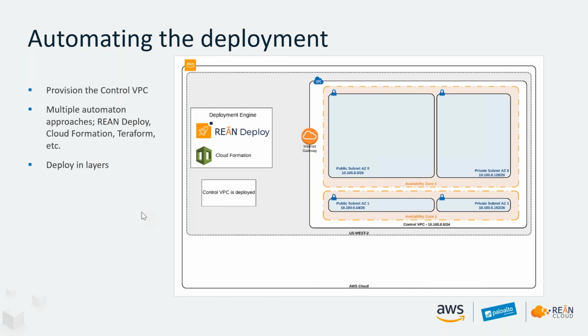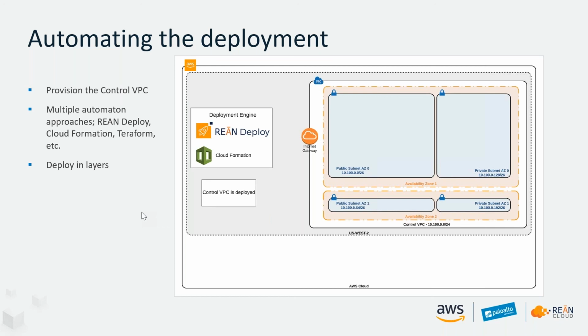Now, we could have used CloudFormation or Terraform, but we're REAN Cloud and we're using our tools for a lot of good reasons to be able to do this pretty efficiently for our customers. And so REAN Deploy was the framework we used to build out the infrastructure and then go ahead and deploy that.